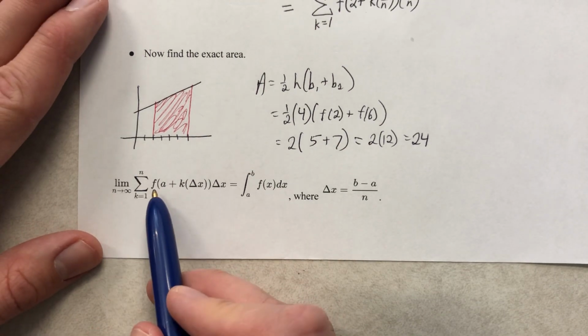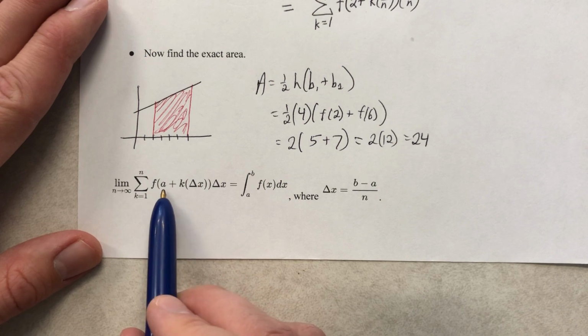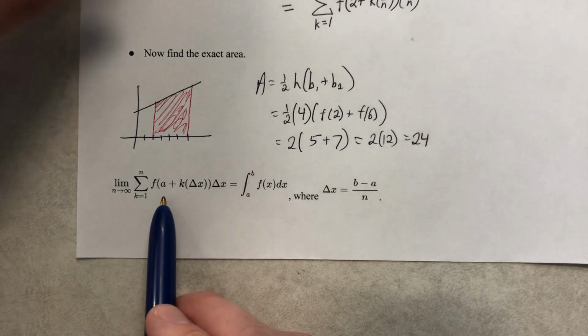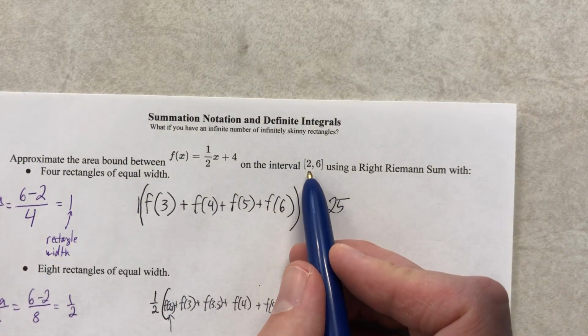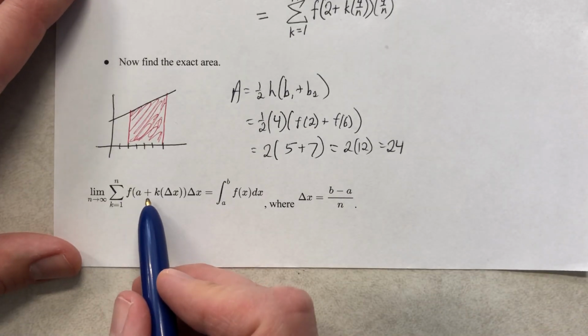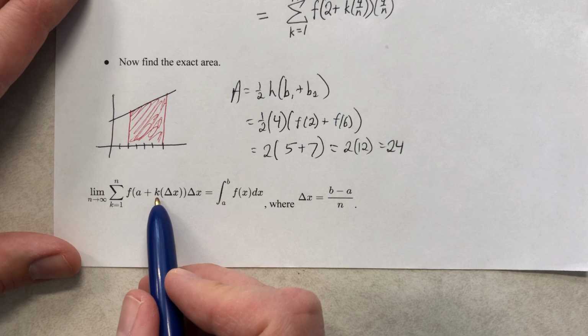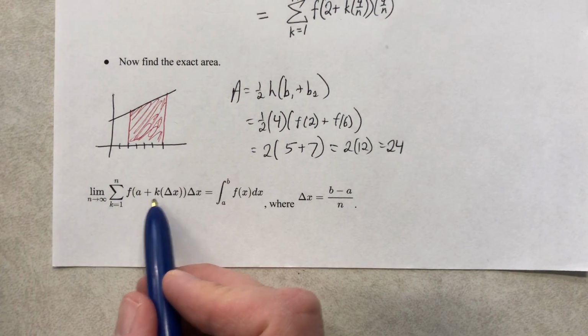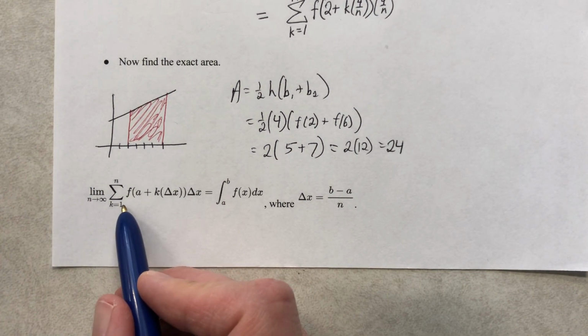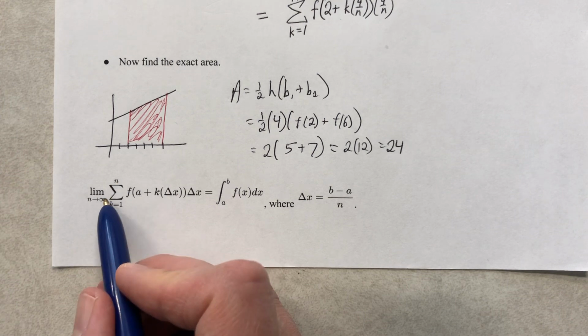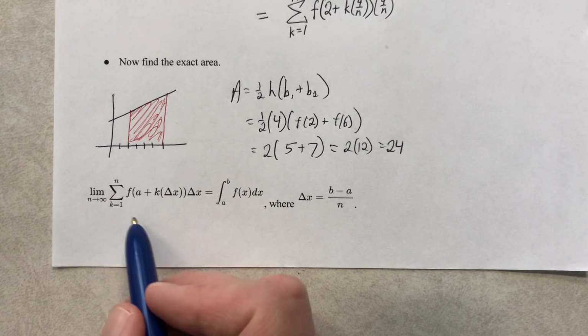So we have f of a. What's a? That's a. That's your starting point. This is a right Riemann sum, by the way. We start there, plus k. K is what we're counting every time. I go up 1, 2, 3, 4, 5, and I don't stop until I get to n, which really means I never stop because it's infinity, right?